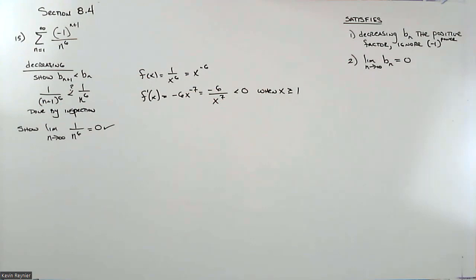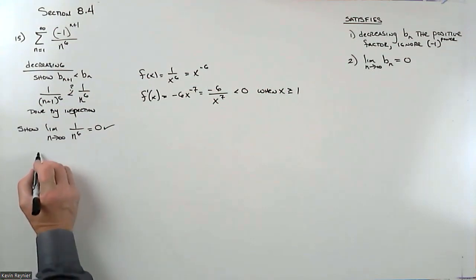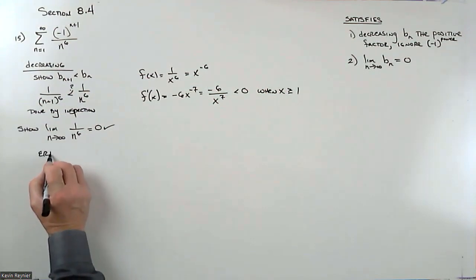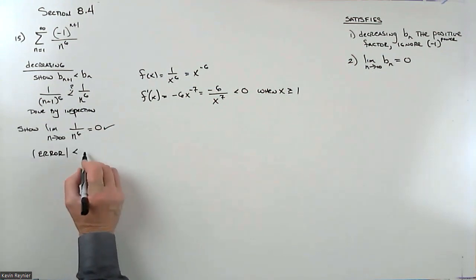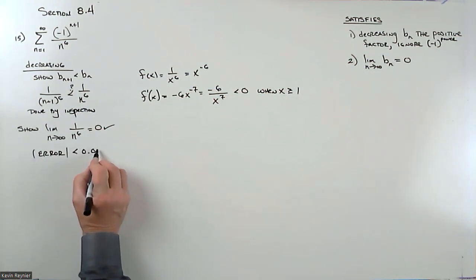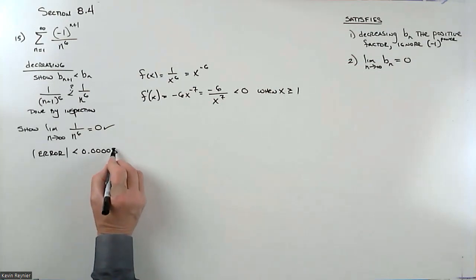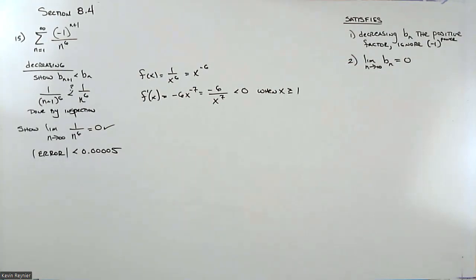Now, in problem 15, it also says, find the value of n so that the error is going to be less than 0.00005. So we want our error to be less than that.